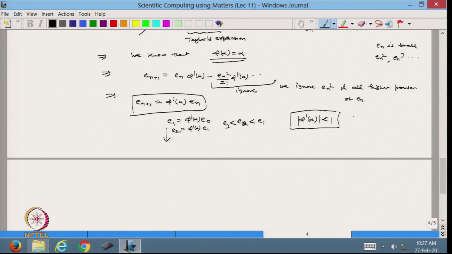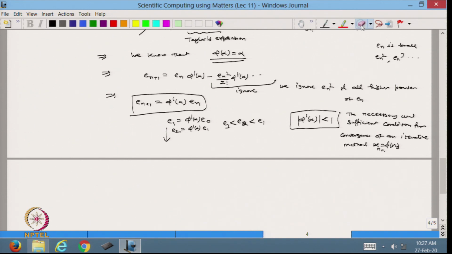So, that is what we call the necessary and sufficient condition for convergence of an iterative method, x n plus 1 is equal to phi of x n.